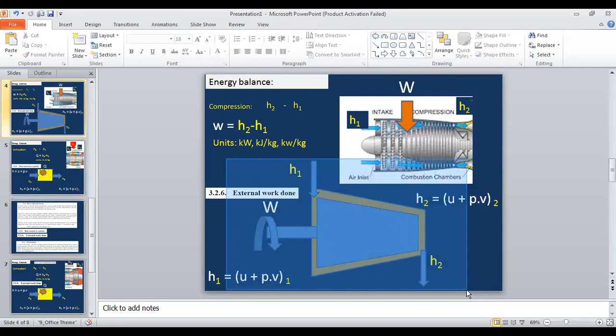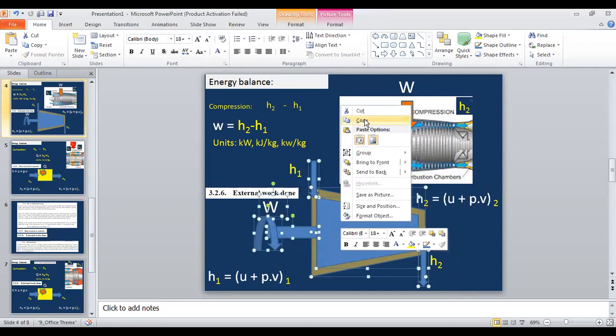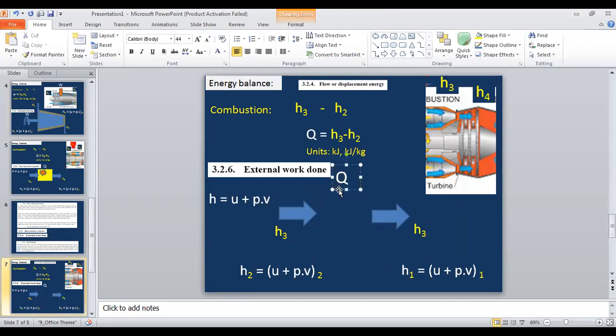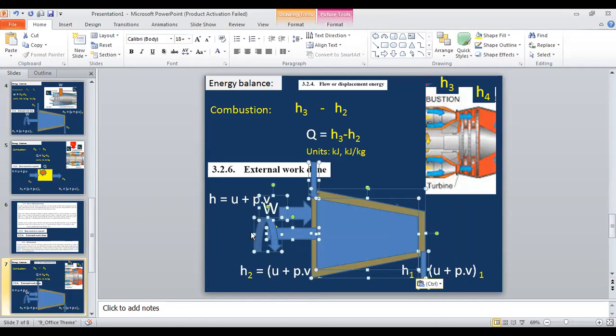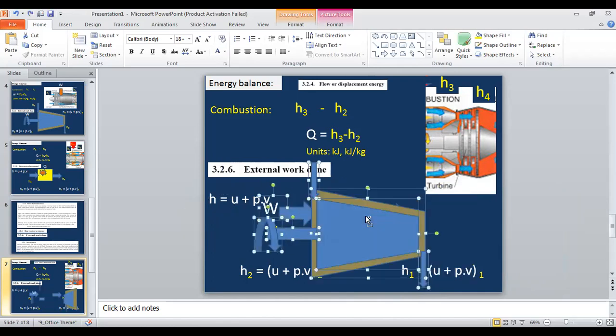W. But now we have to replace this with turbine. Let me try this way. I'll draw this.